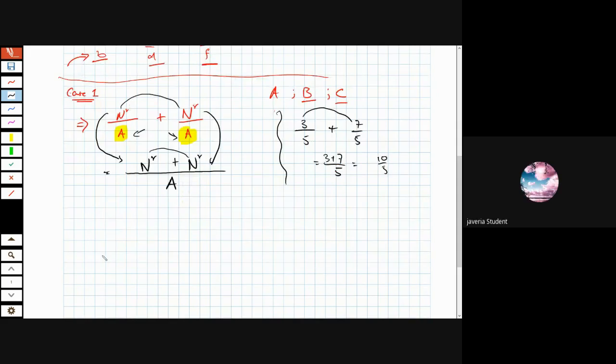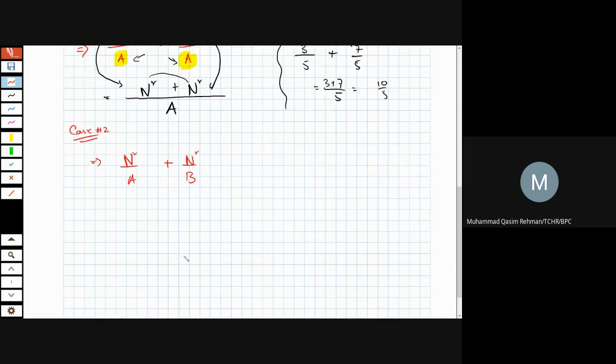No, sir. Okay, now moving on towards the second case, case number 2. After you have factorized the denominator, you realize that you have two totally different denominators. So when you have totally different denominators, the LCM would be the product of both denominators.